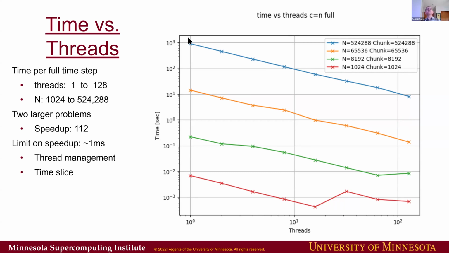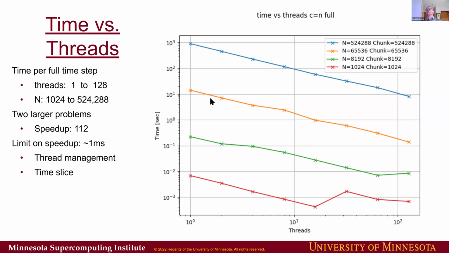And that corresponds in this log plot to a line with a slope of -1, which these largest two sets of problems correspond to. So I'm doing problems in the range of from 1,000 particles up to 500,000 particles.